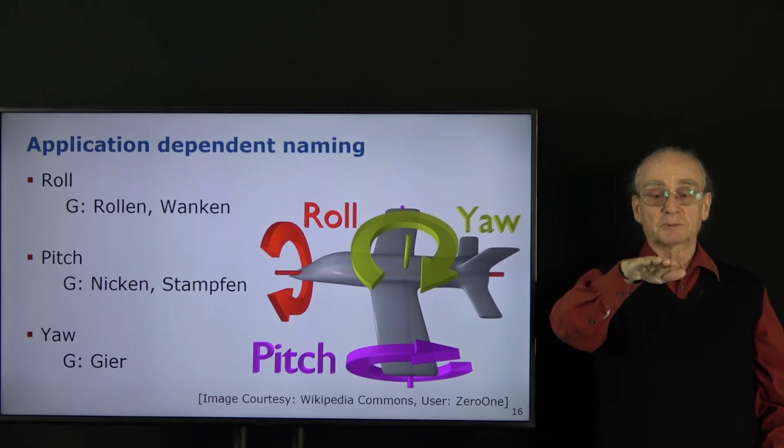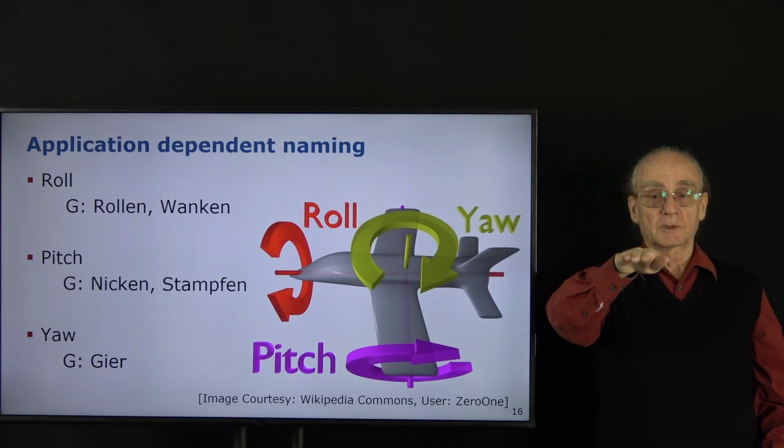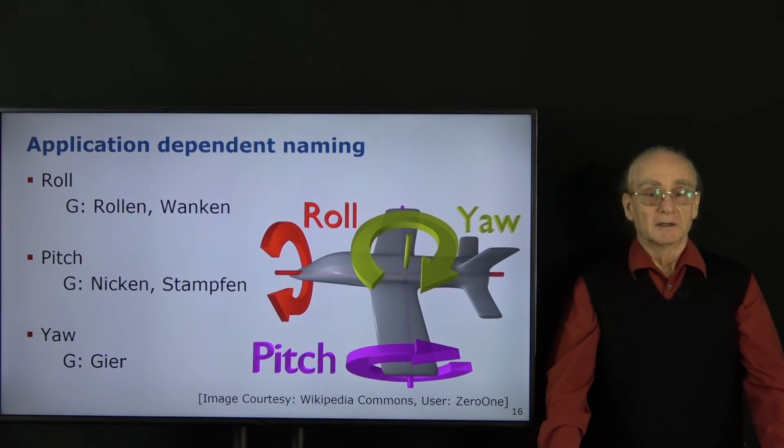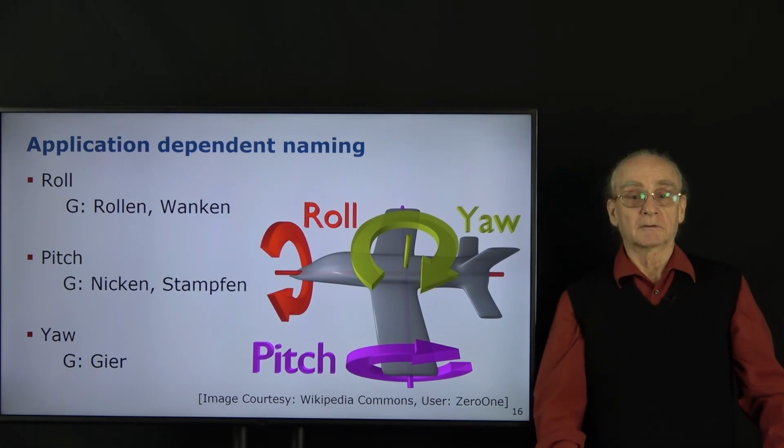Then you have the pitch, which tells you whether the airplane goes upwards or downwards. And then you have the yaw, which says whether you go right or left. So you actually get these three namings for the different angles. I have written down the names in German.